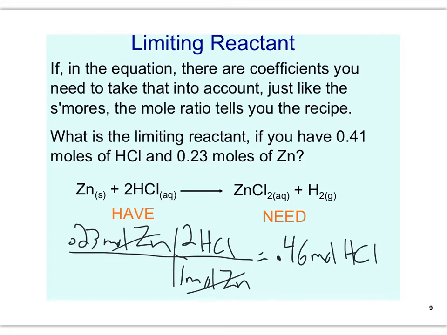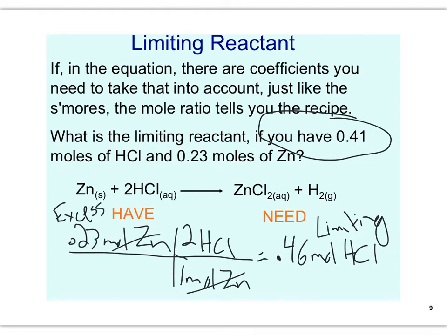And in this case, if we go back to the problem, it says we have 0.41, but we would need 0.46. So in this case, hydrochloric acid is going to be our limiting, and we have excess zinc. Again, you can double check your work by taking your 0.41 moles of hydrochloric acid and instead converting that into how much zinc you would need.